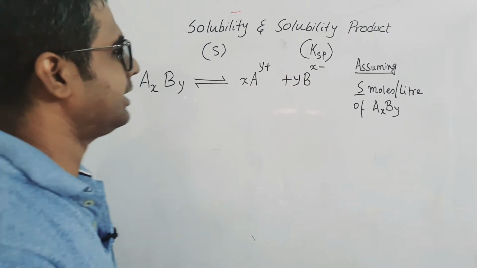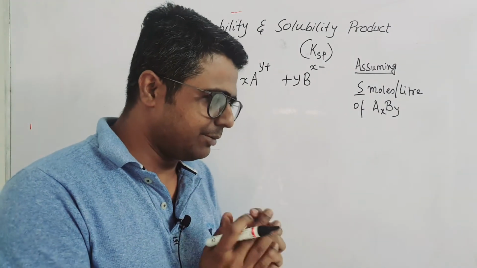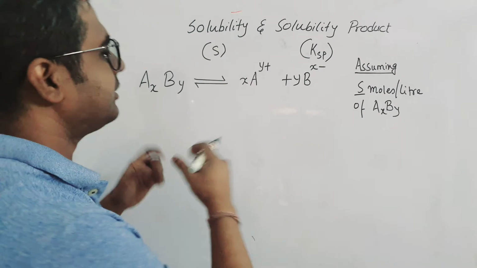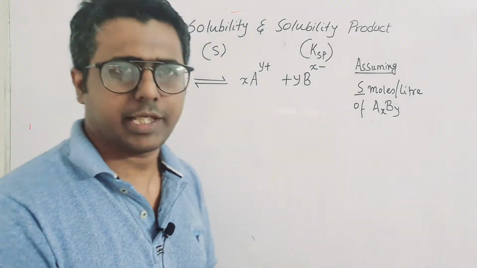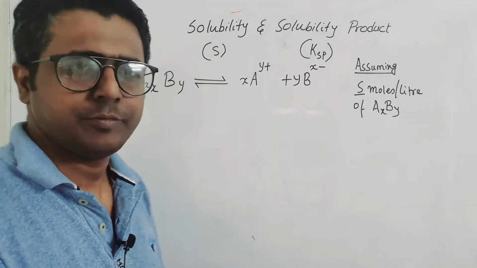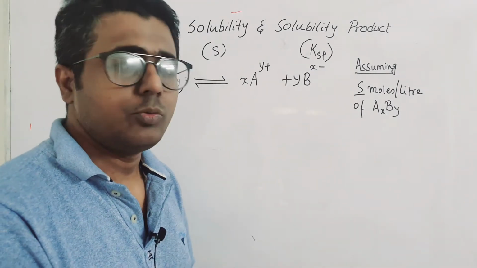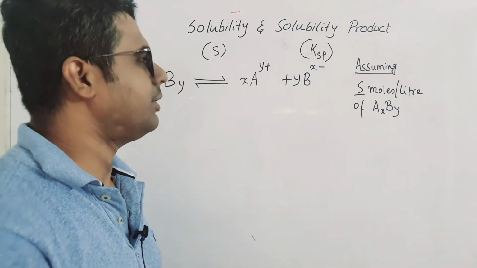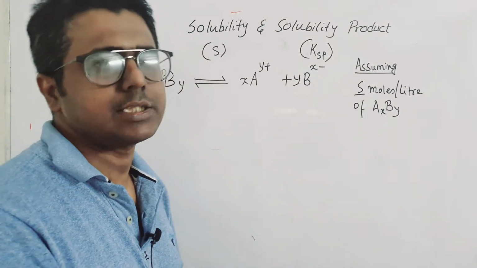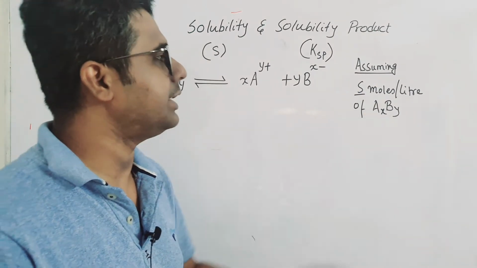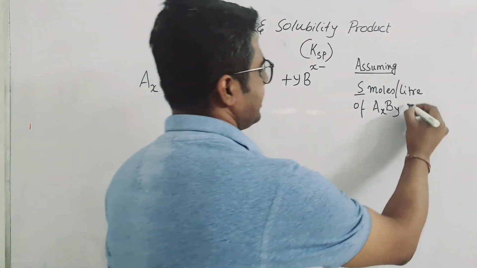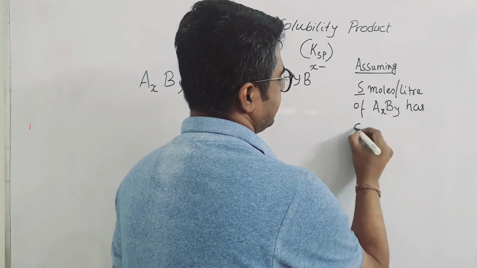What does this mean? It means earlier you had A moles, okay? A moles. Now you put it in water. So what happened? The dissociation started. Within that A moles, a little amount which we will consider as S moles. So S moles per liter of AxBy has dissociated.